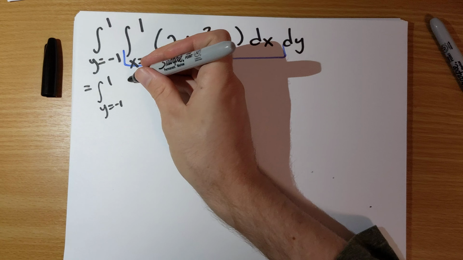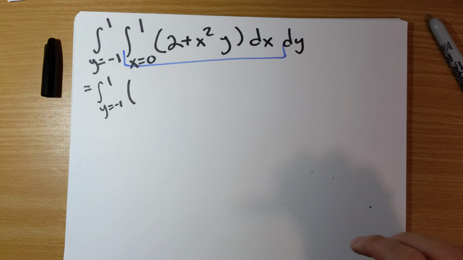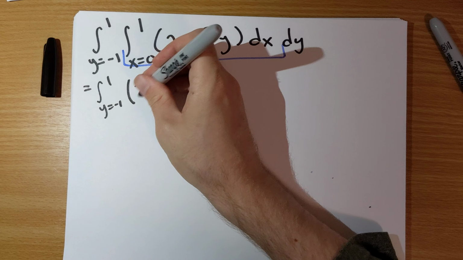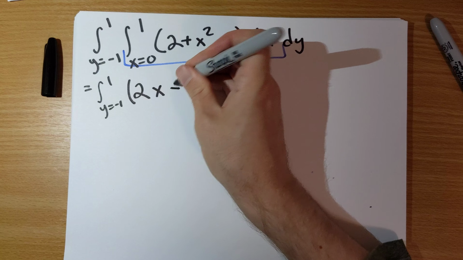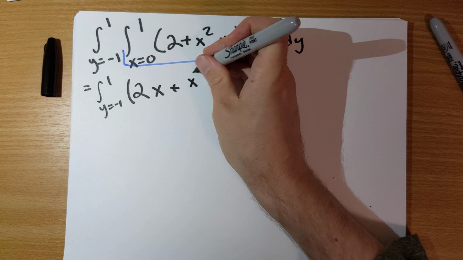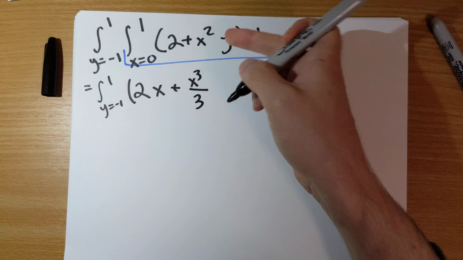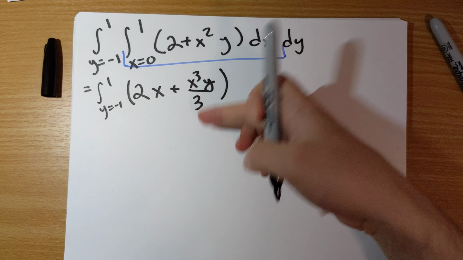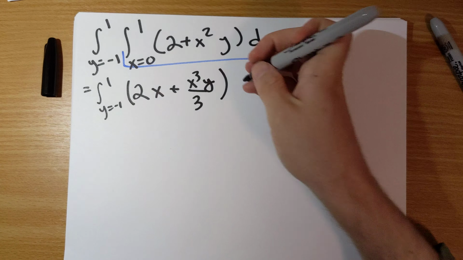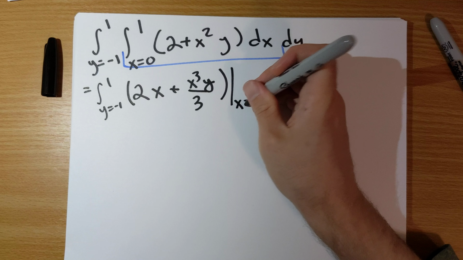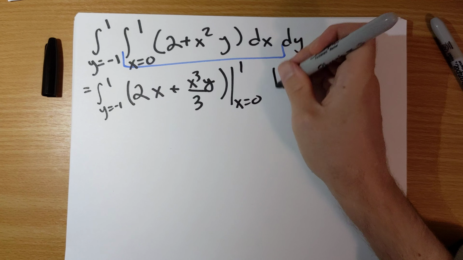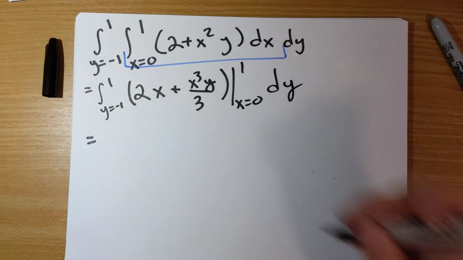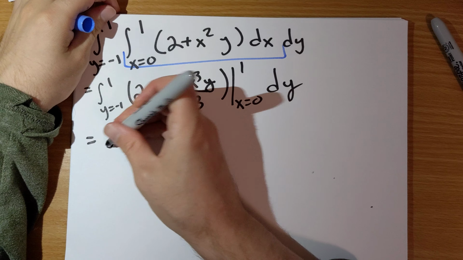Now we do this first. What do we end up with integrating with respect to x? 2 becomes 2x. x squared goes to x cubed over 3. y is a constant, so x squared y becomes x cubed y over 3. Plug in x is 0 to 1, dy.